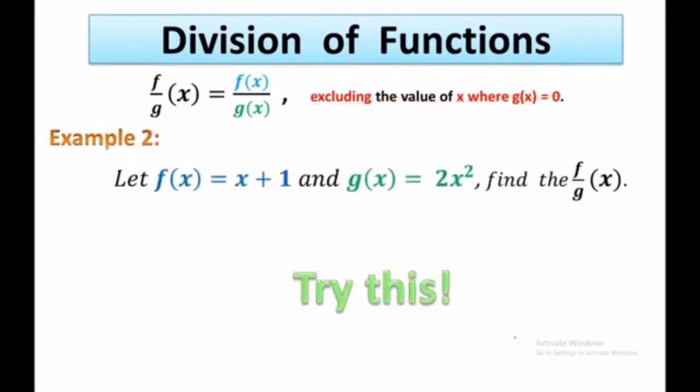Okay, now example number 2. Let f of x is equivalent to x plus 1 and g of x is 2x squared. Okay, x plus 1 yung f of x and the g of x is 2x squared. Now, I want you to try this one. Find the f over g of x.